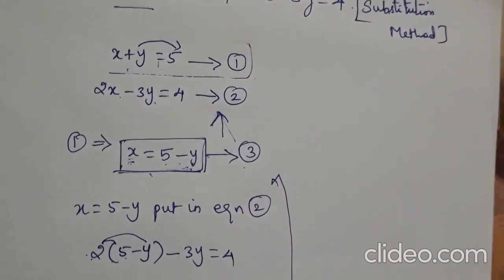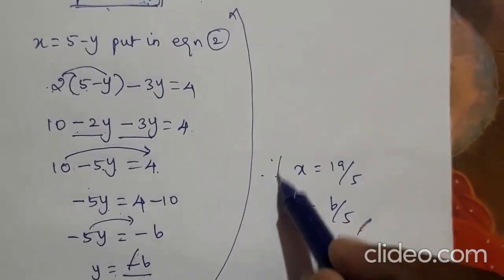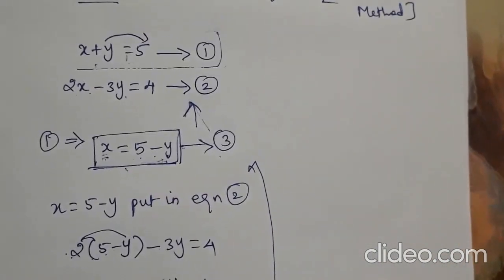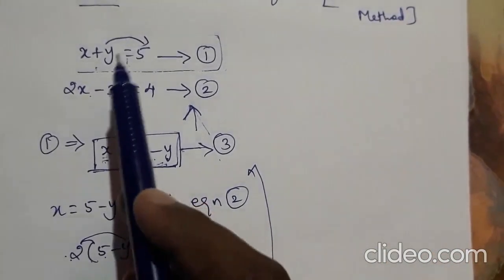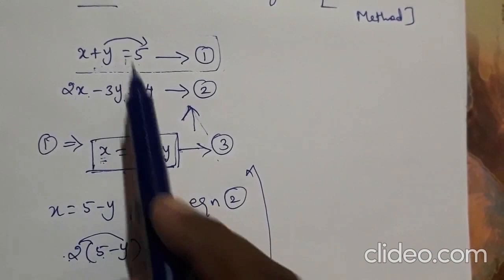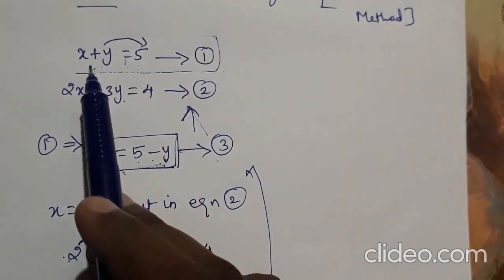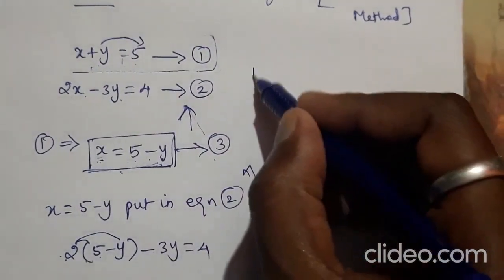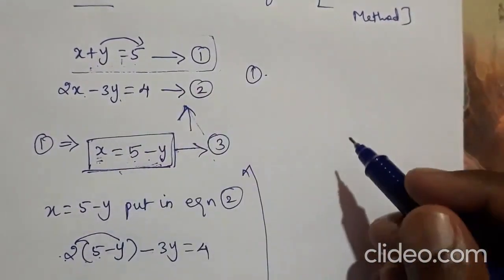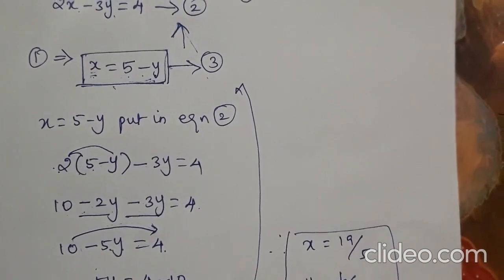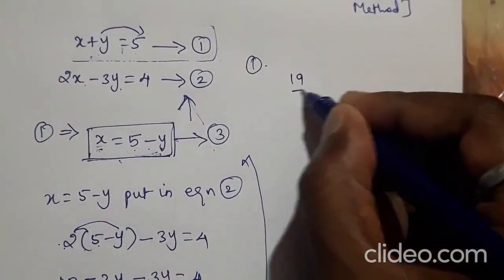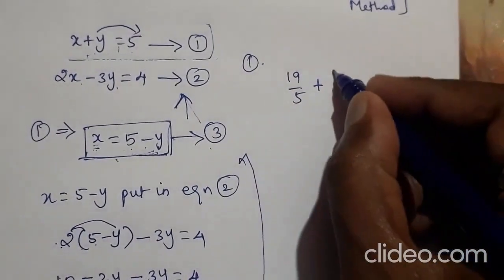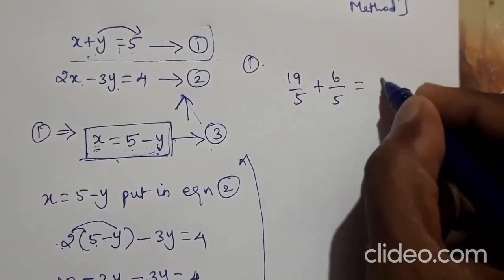For example, we got the values of x and y. Just substitute in equation 1, because an equation means both sides should be equal, the left hand side and the right hand side. See, I am taking the first equation. The x value we got is 19 by 5, plus the y value we got, 6 by 5, is equal to 5.